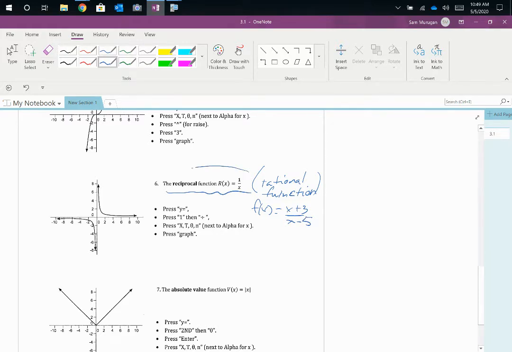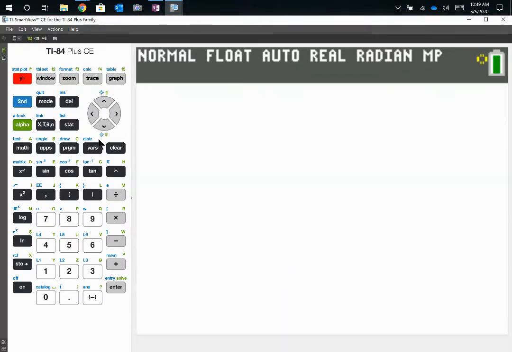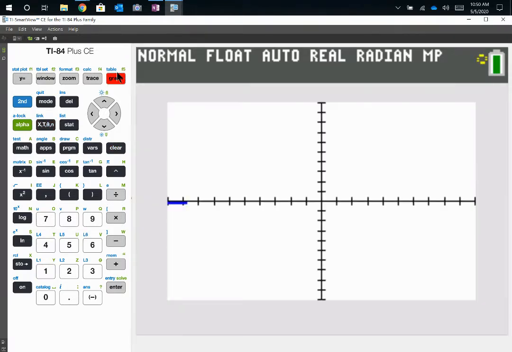So this is the basic family here, 1 over x. Graph that with your calculator. Simply type in 1 divided by x and graph it.